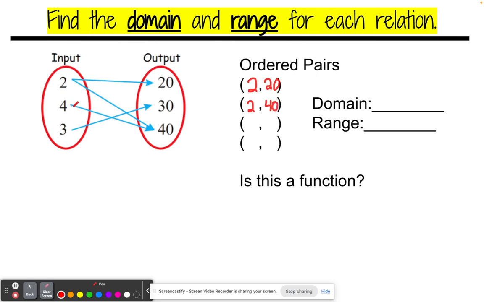I have a 4, and I have a 40. Let me put it down here because I like my numbers in order. And I have a 3 and a 30.